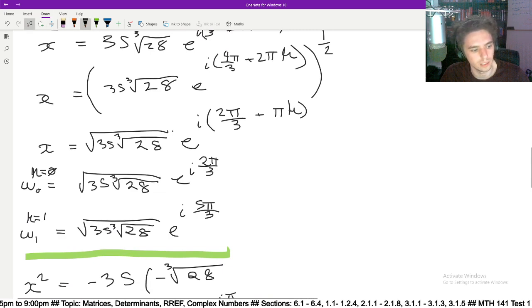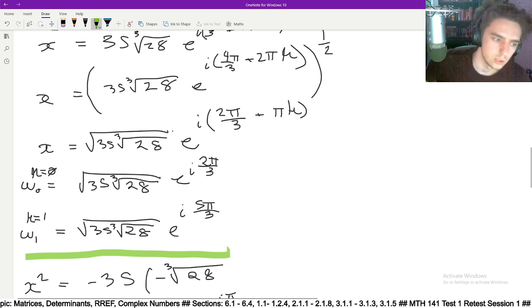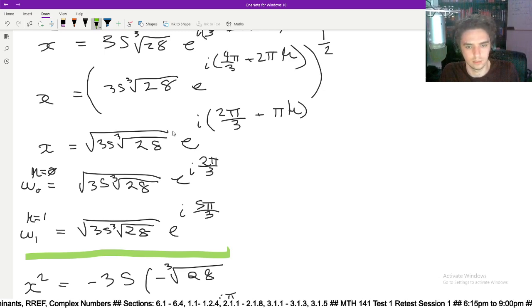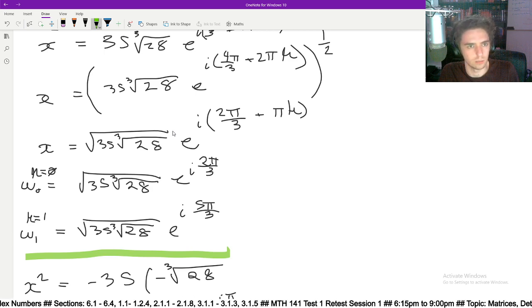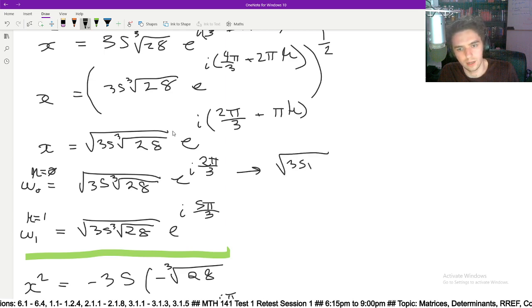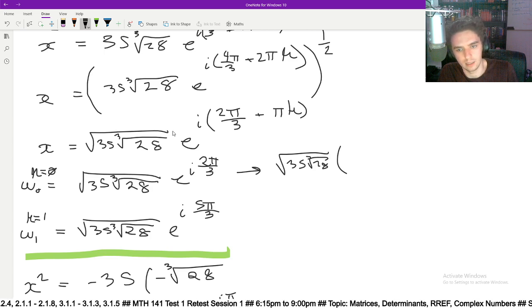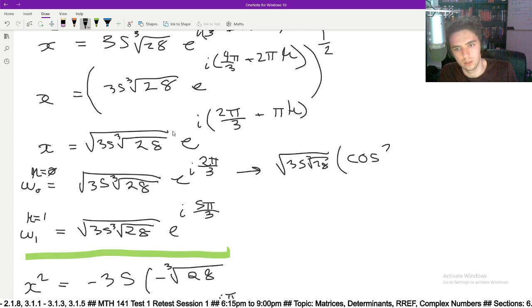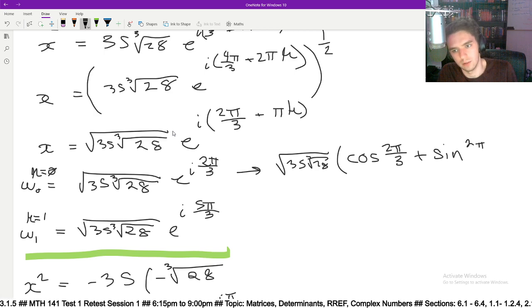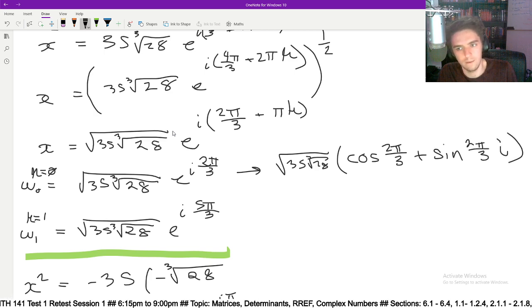So then this is going to be, the recording will be posted. So this is going to be, let me see. Putting it into normal polar form. So the thing in the front, 35 cube root 28 times the polar form, so cos 2 pi over 3 plus sine 2 pi over 3 i, right?